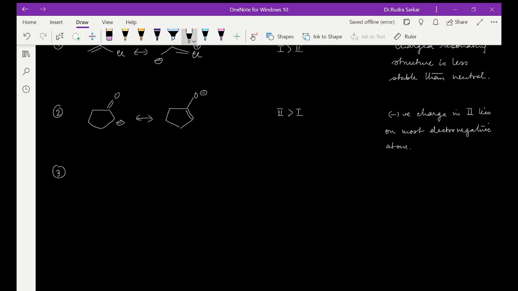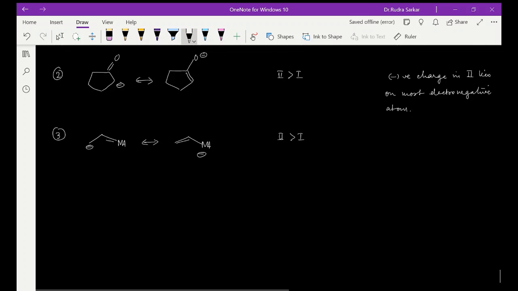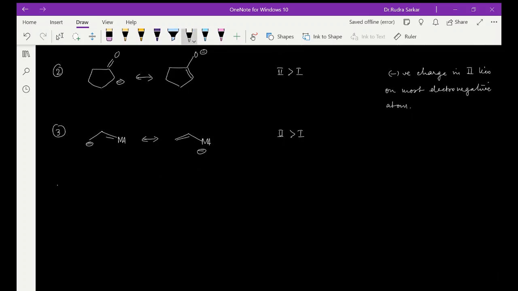Number 3, again over here 2 is more stable than 1, and we will give the same argument as we had given for number 2.